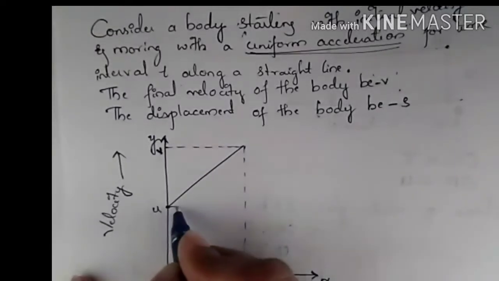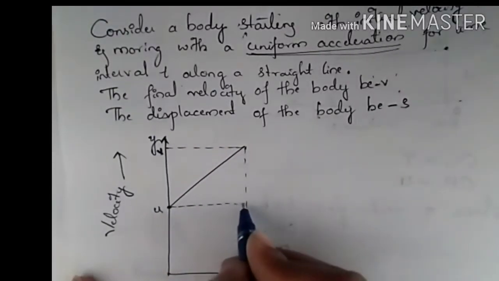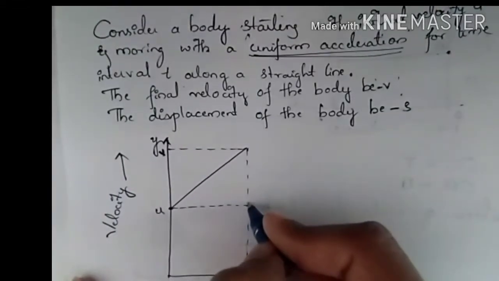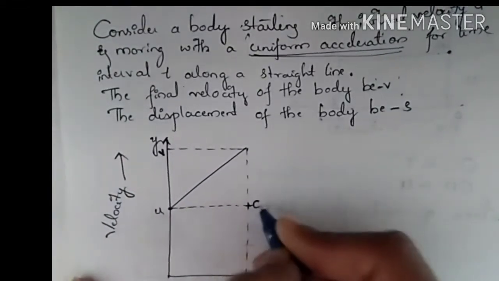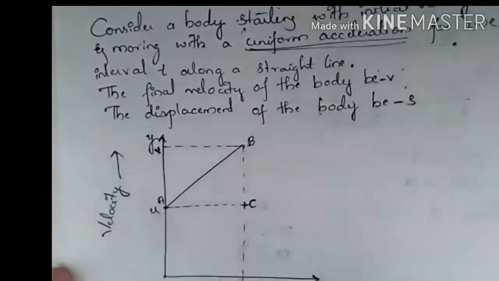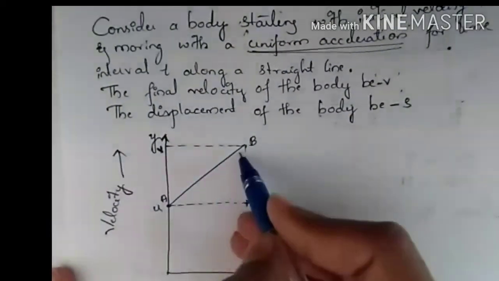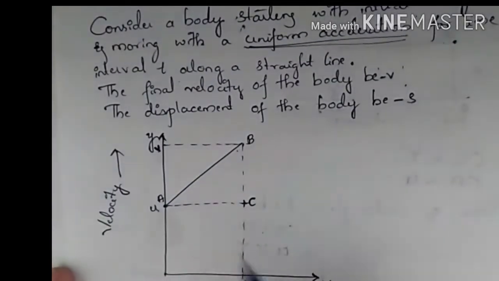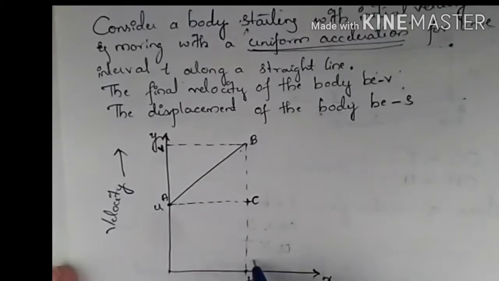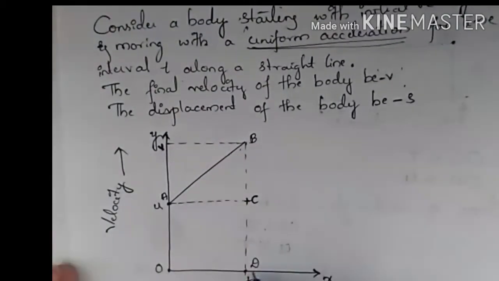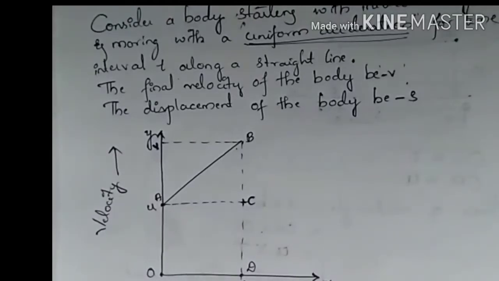Now let us draw the straight line from u to the time line. Let us name this point as C, B, and here A. So here ABC forms a triangle, and this point, let this be D and this be O. ACDO forms the rectangle.